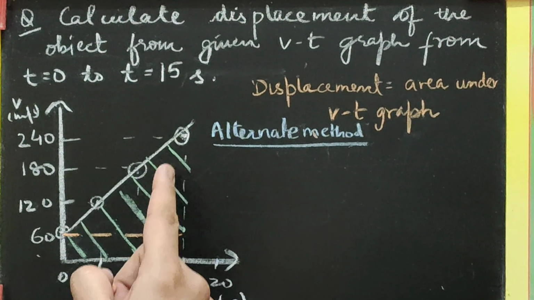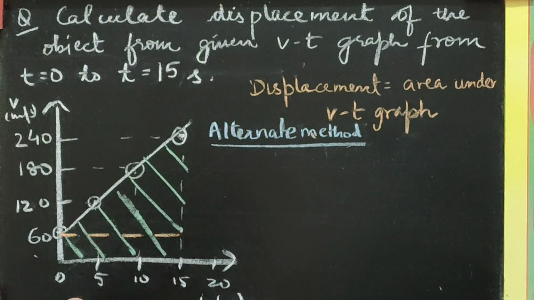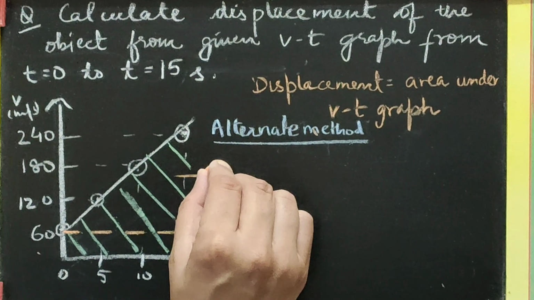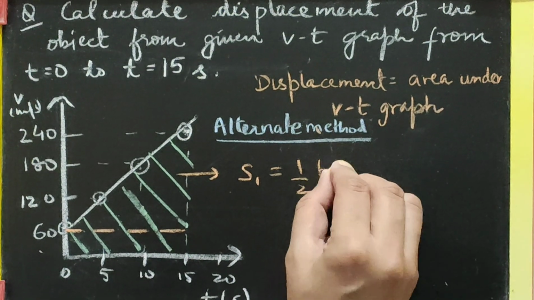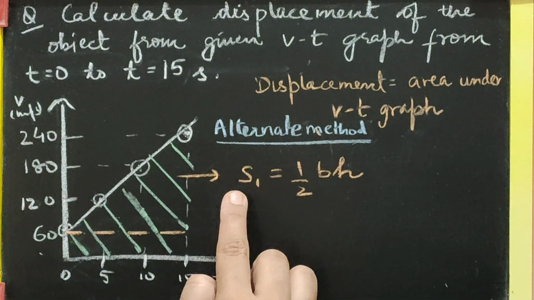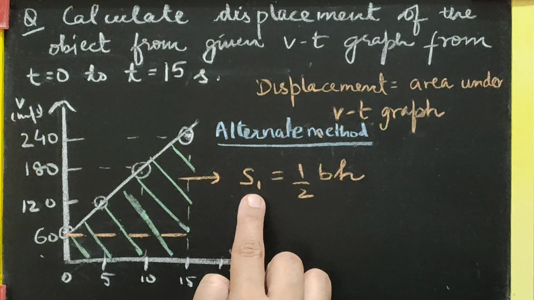First, if I calculate the area of this right angled triangle, as discussed, area of a right angled triangle is half base into height. I am representing this displacement as S1.